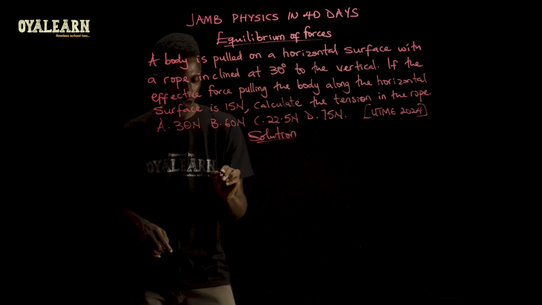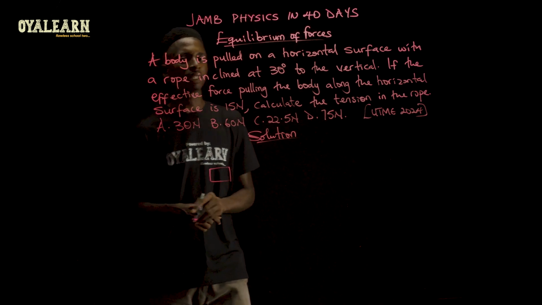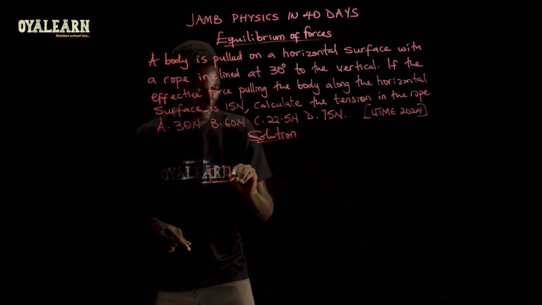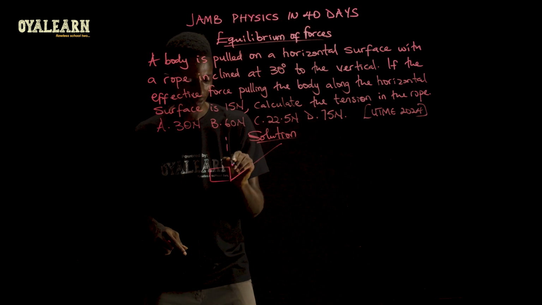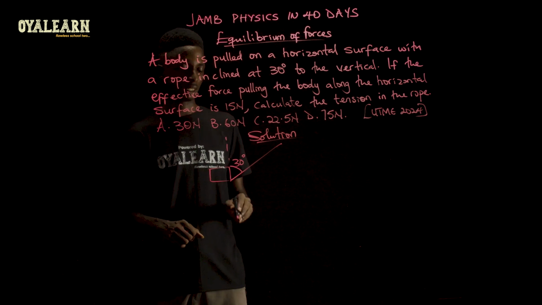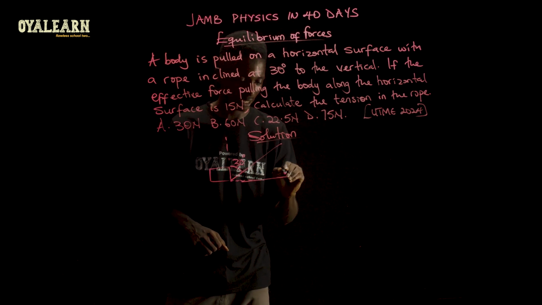So let's assume that this is the body, and it is pulled with a rope inclined to the vertical. That is, this angle here is 30 degrees, by a force to the horizontal here.